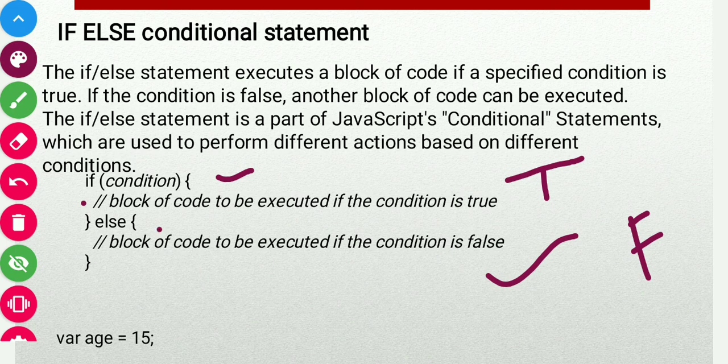Then the else part starts from here and executes up to here. At a time both parts are not going to execute. It is judged based on the condition. If the given condition becomes true, then the if part will execute, and if the given condition becomes false, then the else part is going to execute.